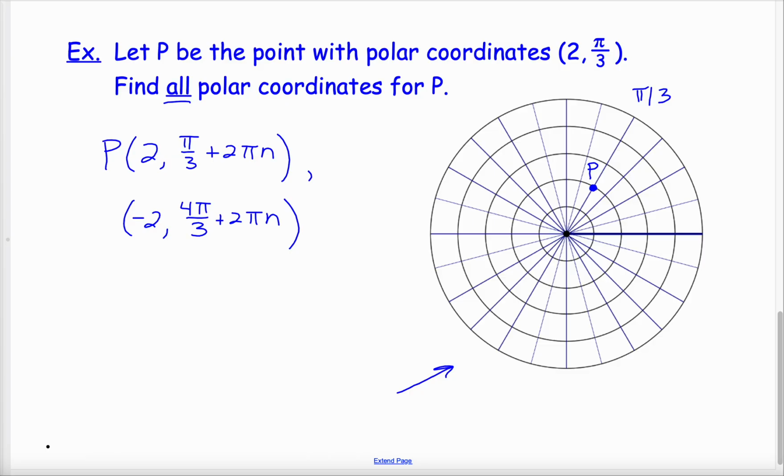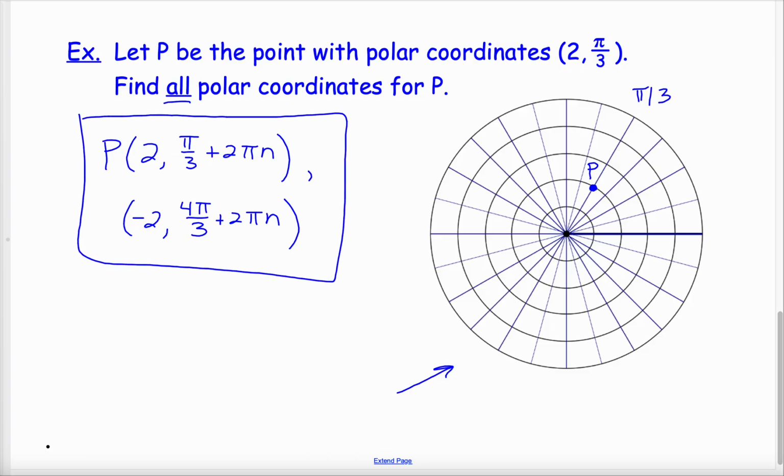And so now I've got all the possible ways that I can write that point P. Half of them are if you have a positive r of 2, and the other half is if I have r to be a negative 2. And notice pi over 3, and the angle down here, which I didn't write. Let me write that. Notice those are half a circle apart, or pi units apart.